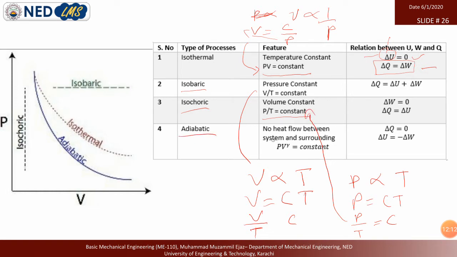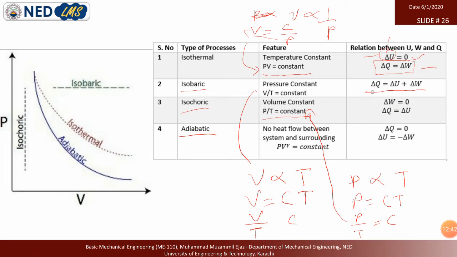In isobaric process, delta Q is equal to delta U plus work done, because in this system the temperature is increasing or decreasing, whether it is an increasing volume process or decreasing volume process, the temperature of the system will rise or decrease, so internal energy will change.